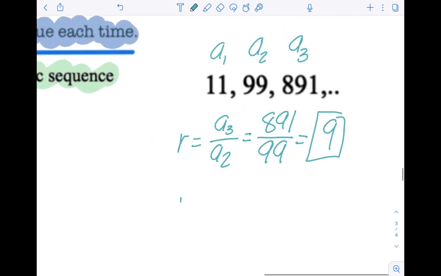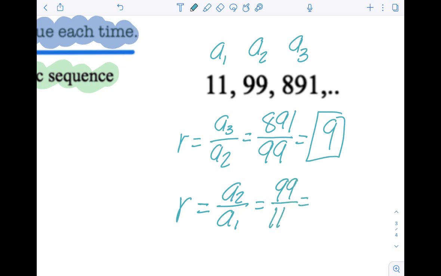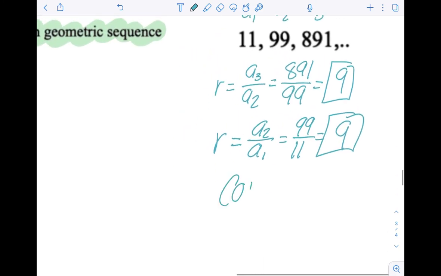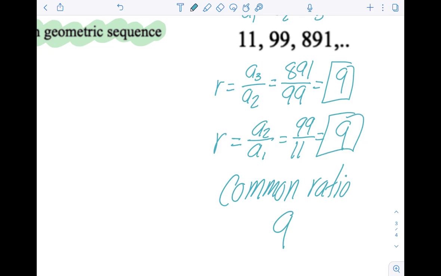So the ratio is equal to the second term divided by the first term, which equals 99 divided by 11, that one I know. That's 9. Look at that. So that means that our common ratio for this example is 9.